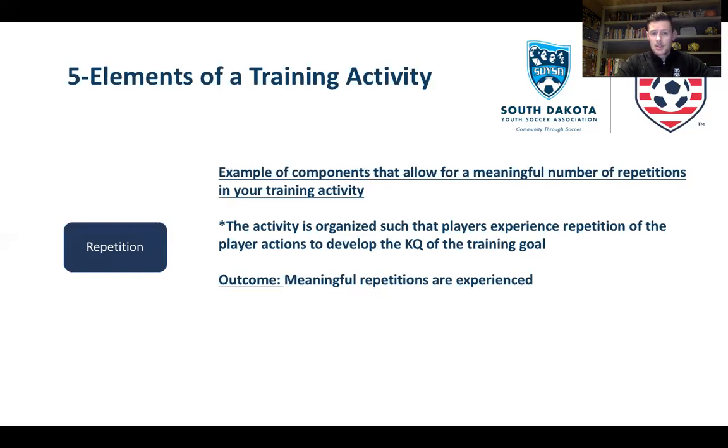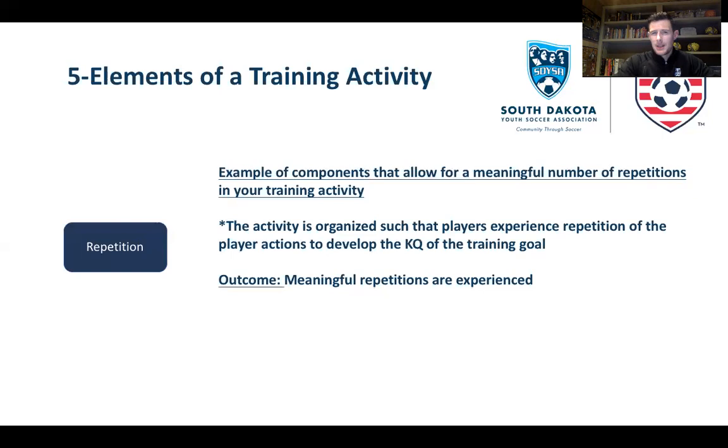We mean repetition in the context of, do players get the opportunity to have repeated behavior based on the training objective? So if we think back to the practice play session that we utilized in the last presentation, attack was the moment, and we wanted to see the players' behaviors be such that could they pass or dribble forward to create chances.